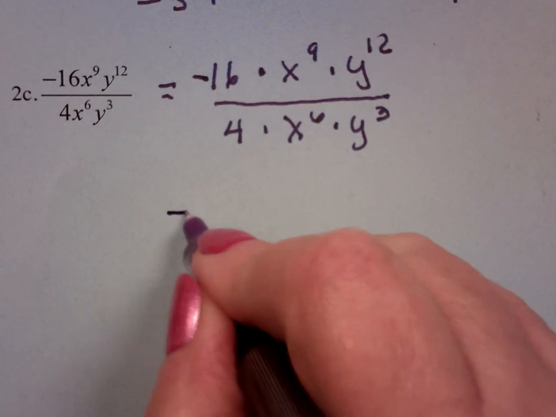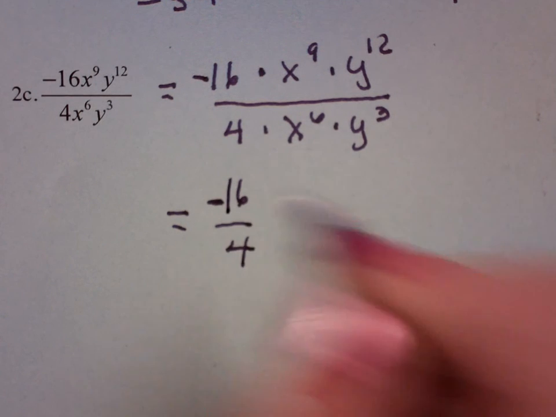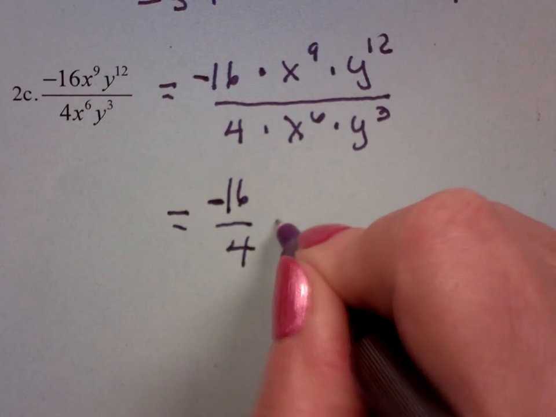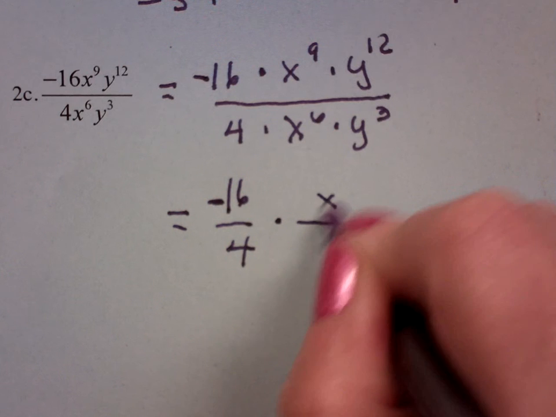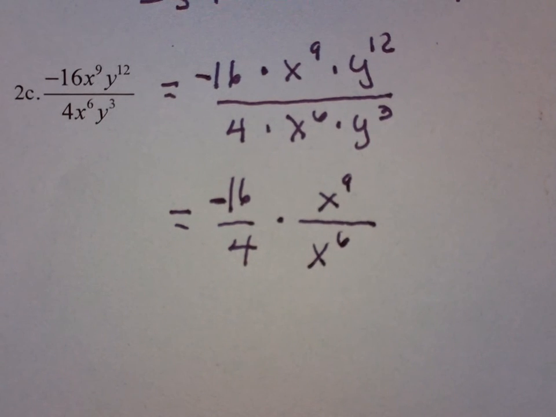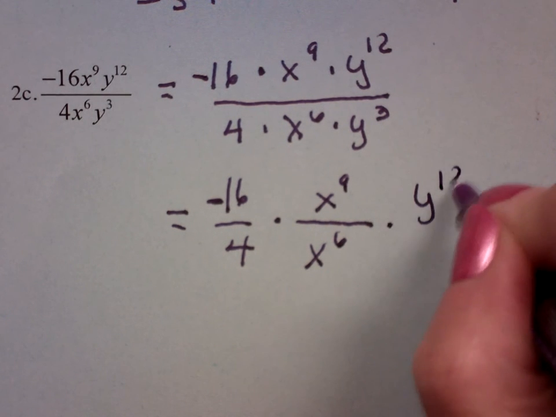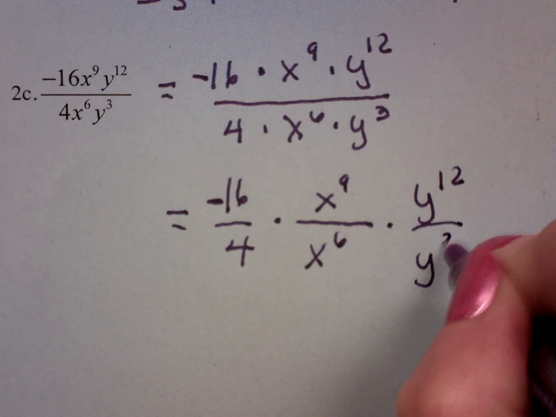So this is the same thing as 16 divided by 4, and x to the 9 over x to the 6. And I may do this in my head. Okay? But when I do this in my head, this is what I'm thinking.